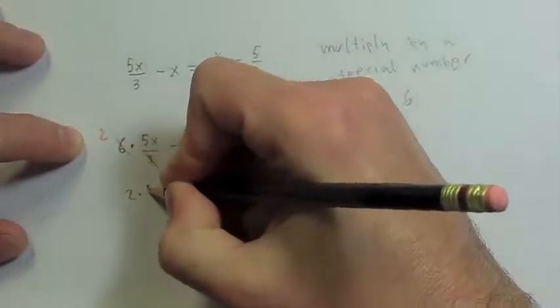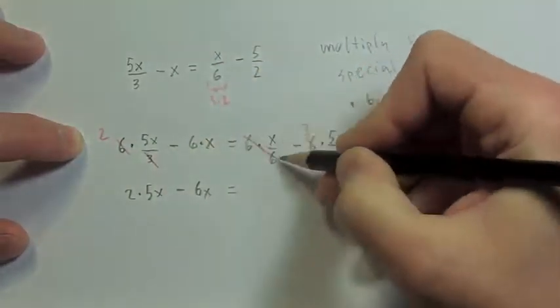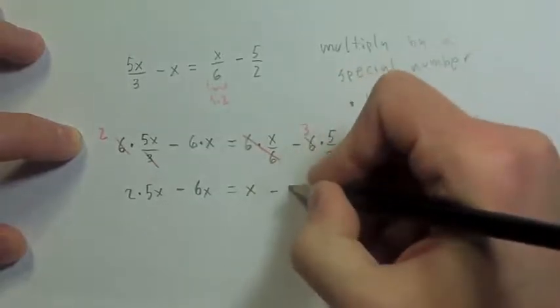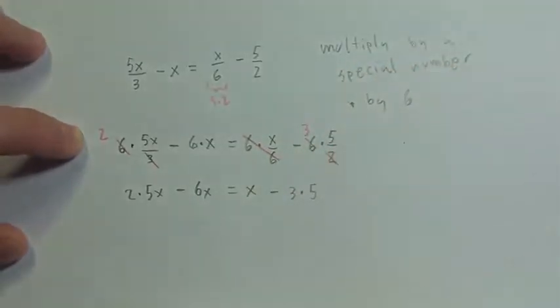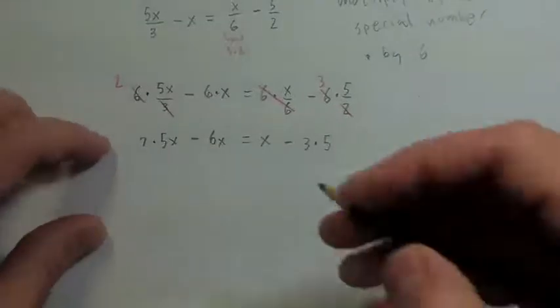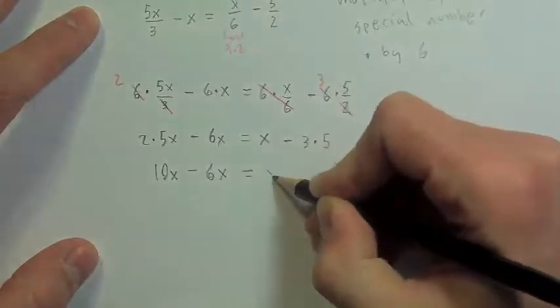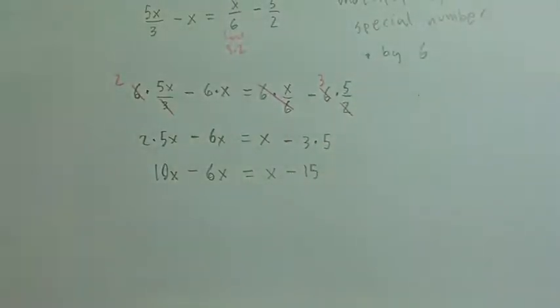This is 2 times 5x minus 6x, which is equal to, this just becomes an x, and then we have minus 3 times 5. Okay, I left it with the multiplication there to just show what happens with the same dots. Okay. And now, once we do this multiplication, what we'll see is we have 10x minus 6x is equal to x minus 15. We have just a normal equation now. I should say we have a normal equation now with no fractions.